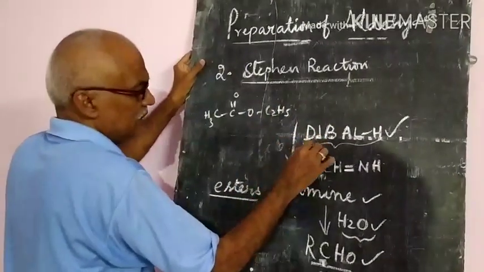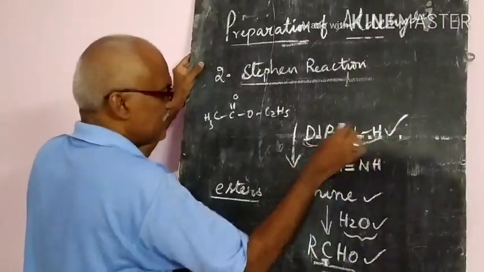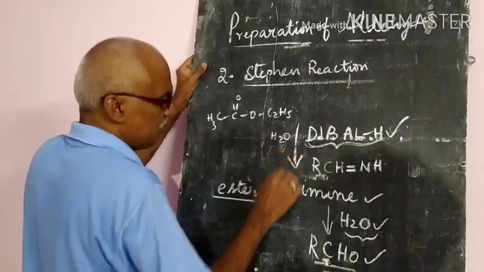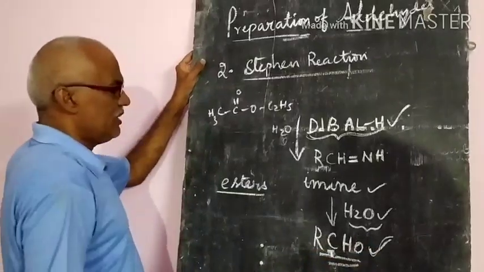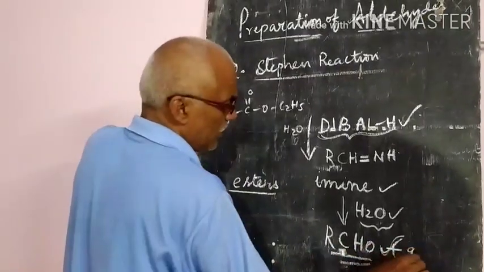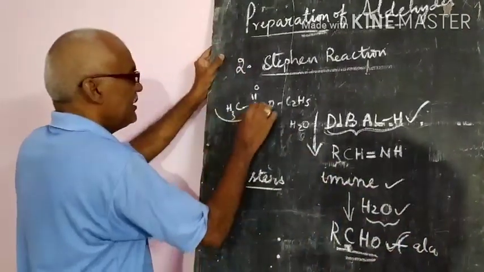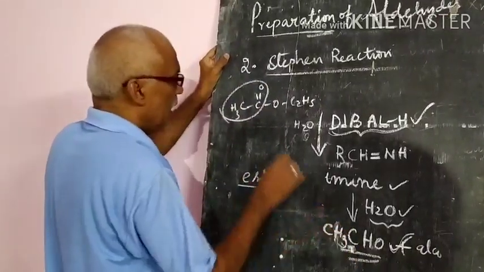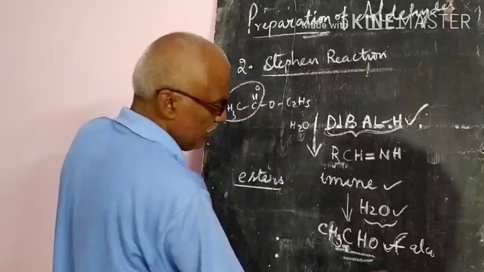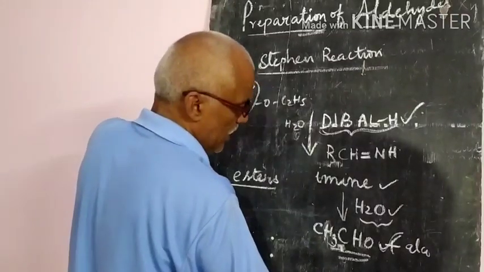In the presence of DIBAL-H and water hydrolysis, they will give the corresponding imine and then the aldehyde along with some alcohol. So here CH3CHO, the aldehyde, will be formed, and C2H5OH, the alcohol, is also formed.